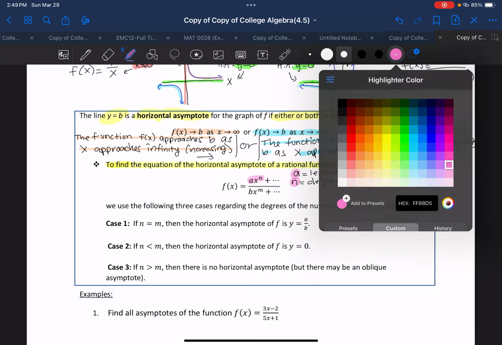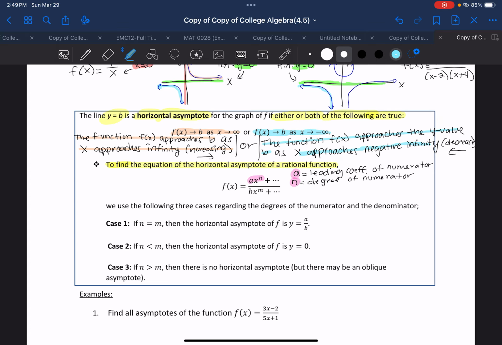Everything else after the leading term doesn't matter when I'm talking about the horizontal asymptote. I'm only going to be using the leading term of the numerator and the denominator. That's why I have plus ... after, because I don't care what else is up there. I only care about the leading term.